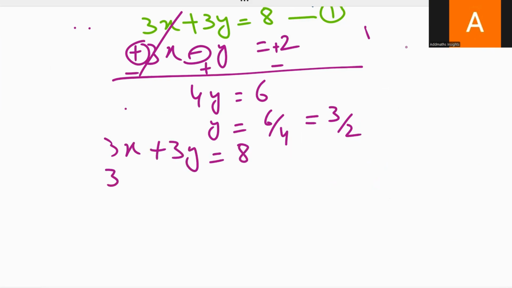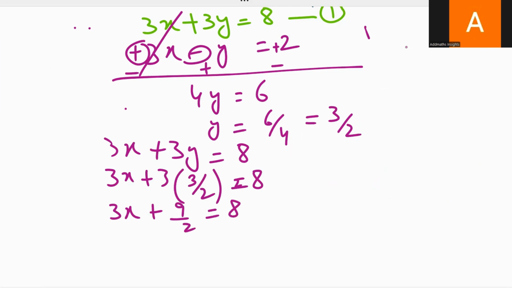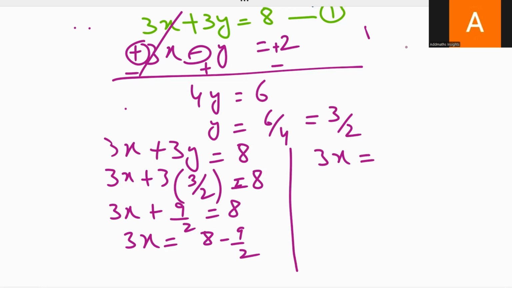Now you substitute the value. This becomes 9 by 2. Now you take it on the other side. You take LCM. So 3x is 16 minus 9, which is 7 by 2. And now divided by 3. So x is 7 by 6. So this is how you can solve equations simultaneously.